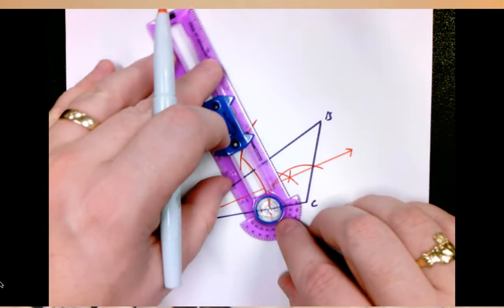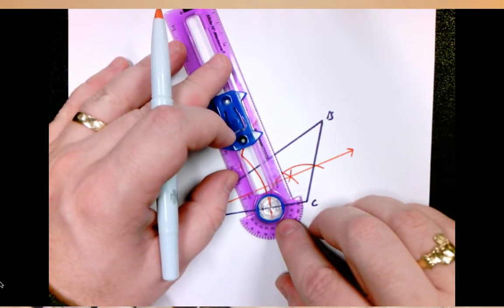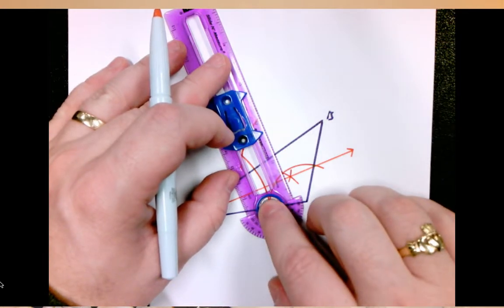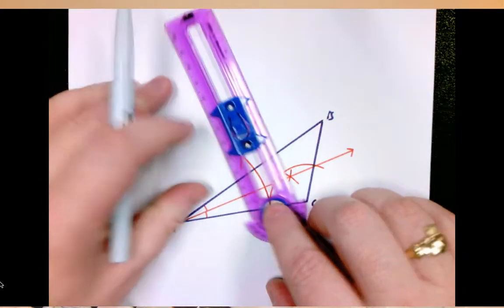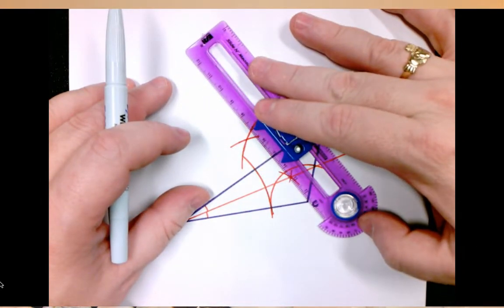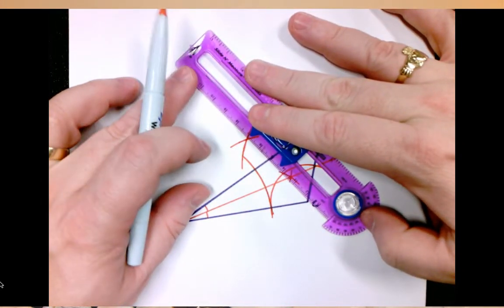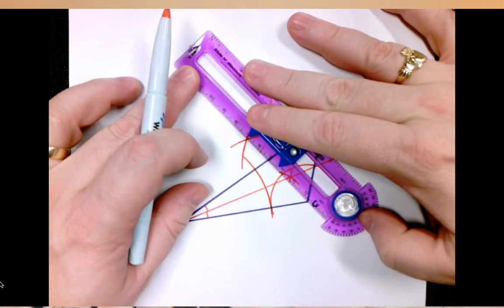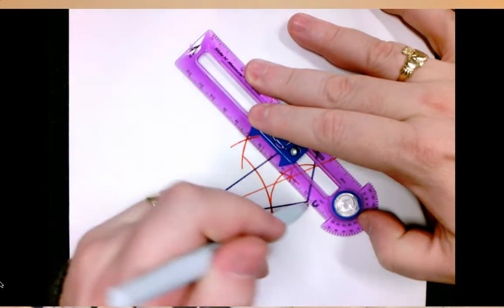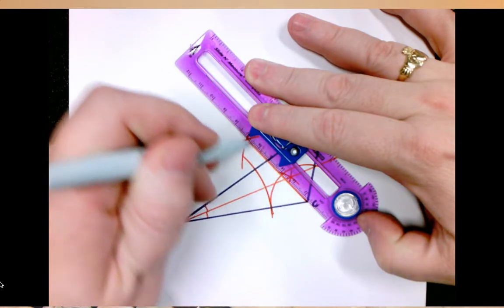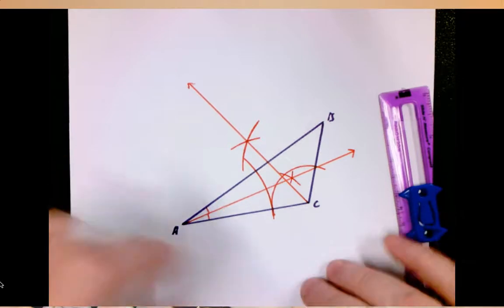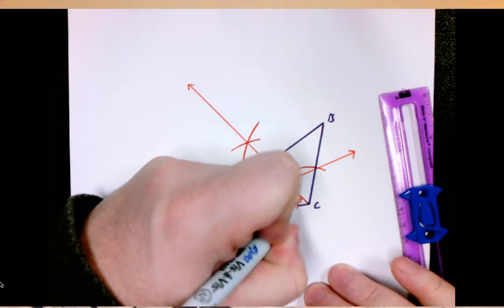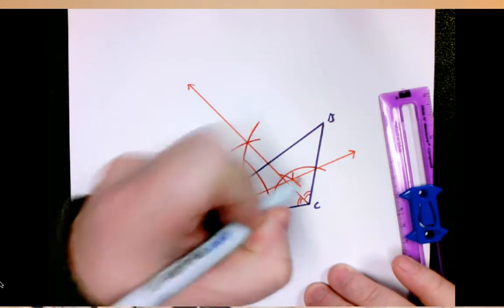Draw an arc out there. So my crosshairs at the other intersection point. Draw the other arc. Now I'm ready to draw my angle bisector. I've now bisected angle C.